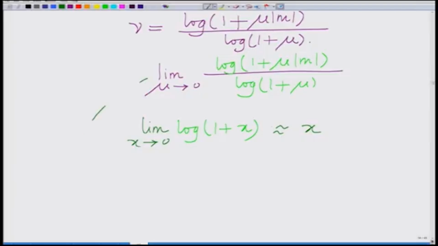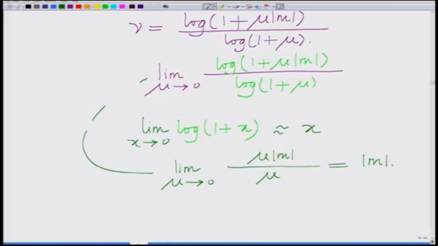So, this becomes, in the limit mu tending to 0, approximately mu magnitude of m divided by mu, which is basically simply magnitude of m.